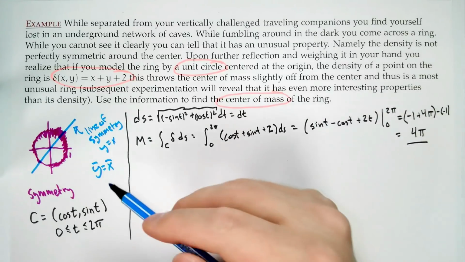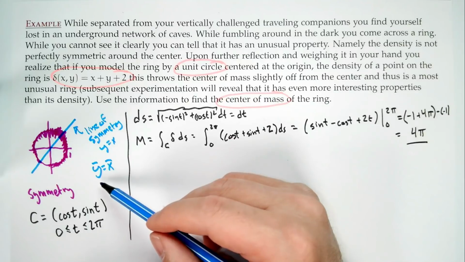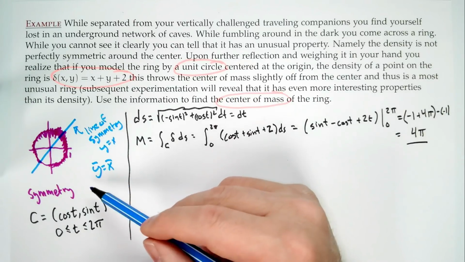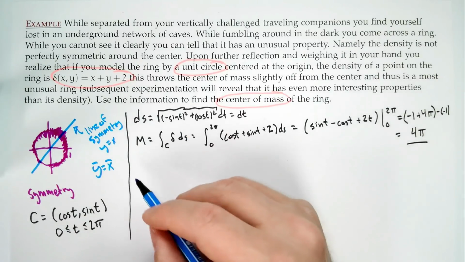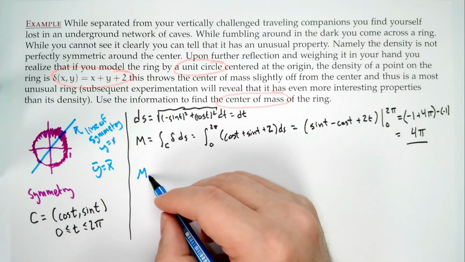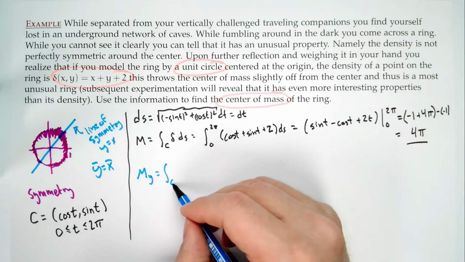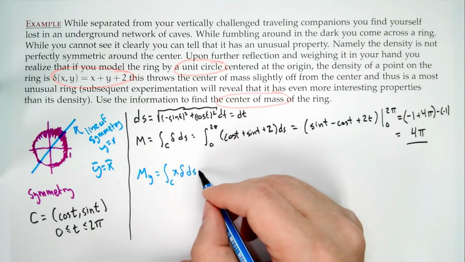Now the question becomes, which one? Well, the answer is it won't matter, because whatever moment we find, we're going to find either x bar or y bar, and so we just pick whichever one we want. Since we've done a moment with respect to x, let's do a moment with respect to y. So this will be the integral along the curve of x times density ds.